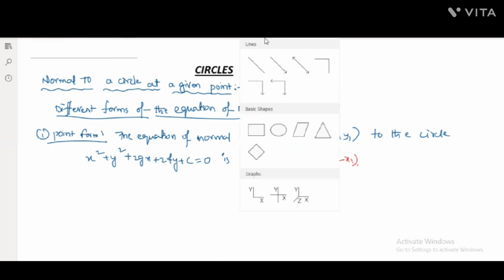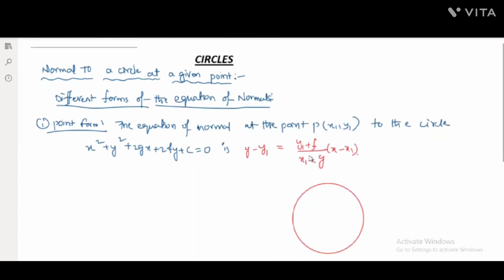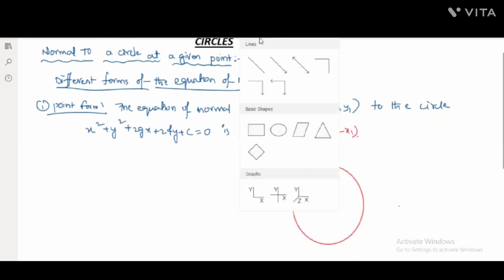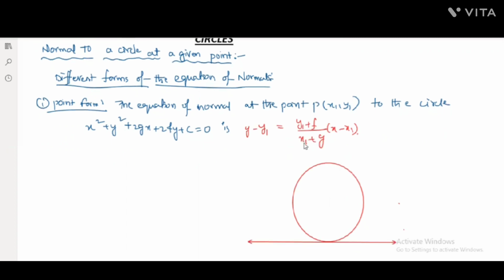So if you look at the figure, what does it mean? What is the normal here? Let's think this is a circle and this is a line, which is nothing but a tangent to the circle.